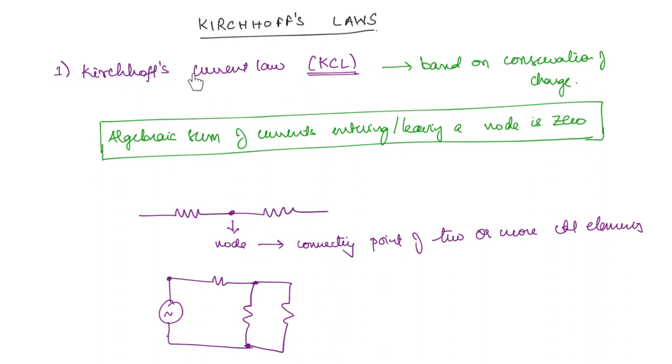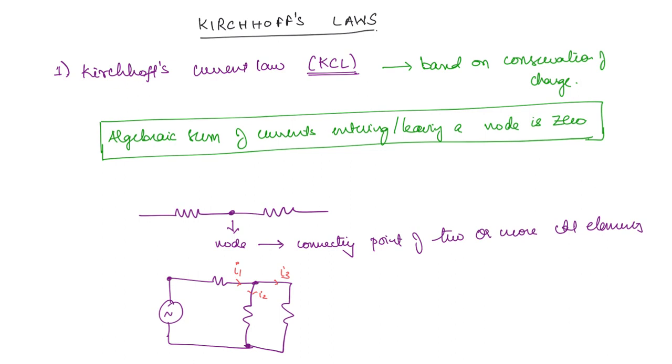Now what does Kirchhoff's current law state? KCL states that the algebraic sum of currents entering or leaving a node is 0. That means, if you take the currents as I1, I2 and I3, then the algebraic sum is 0. For currents entering we take one polarity, and for currents leaving we take the other polarity.